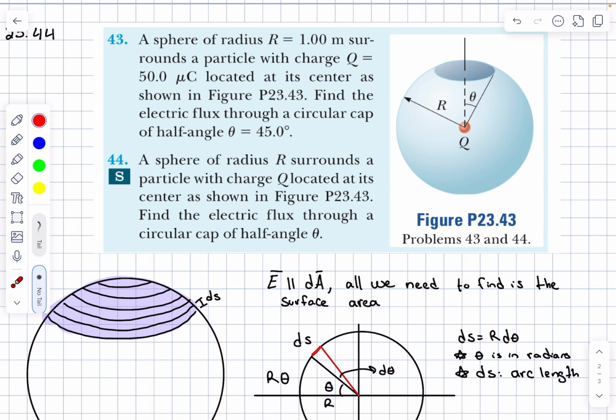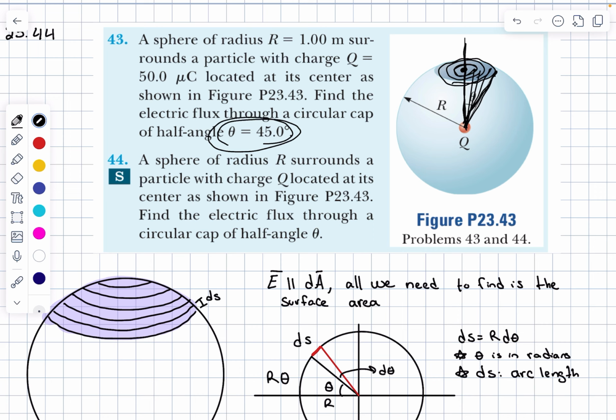By that, I mean we're going to start off by considering the first tiny little circle here, and then take a step out to the side and draw another circle, figure out its area, draw another circle, get its area, and we're going to go from theta equal to 0 to theta equal to theta. We're told what it is in this problem, which is 45 degrees. So we're adding up all of these little circles like this.